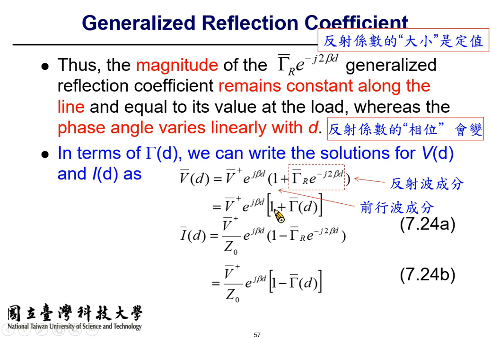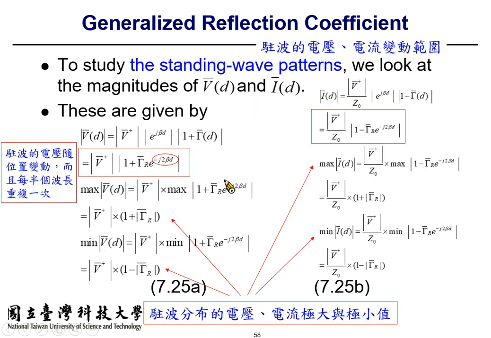Except for two special cases, which can be shown here. The two special cases take place when the voltage or the current reaches maximum or minimum.